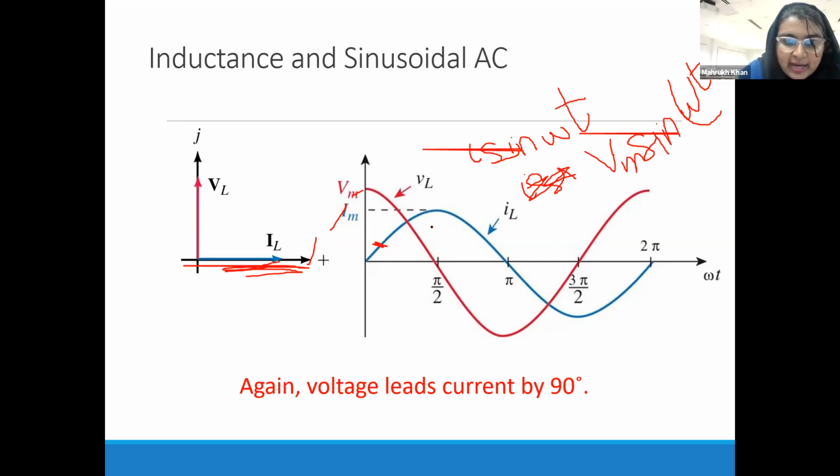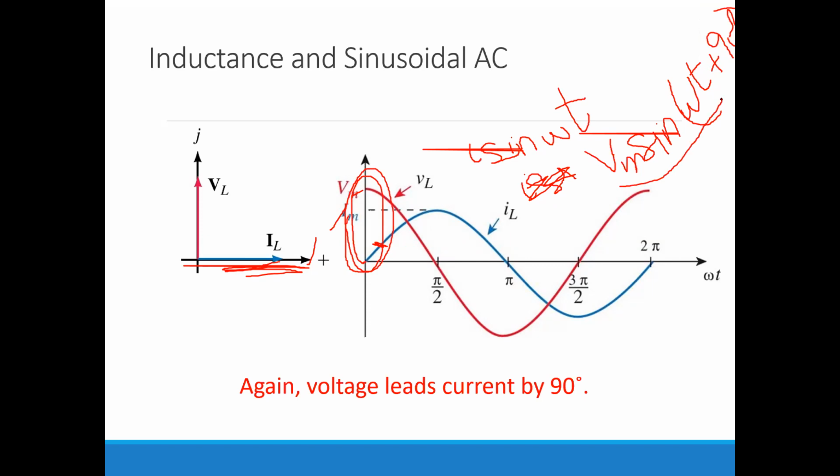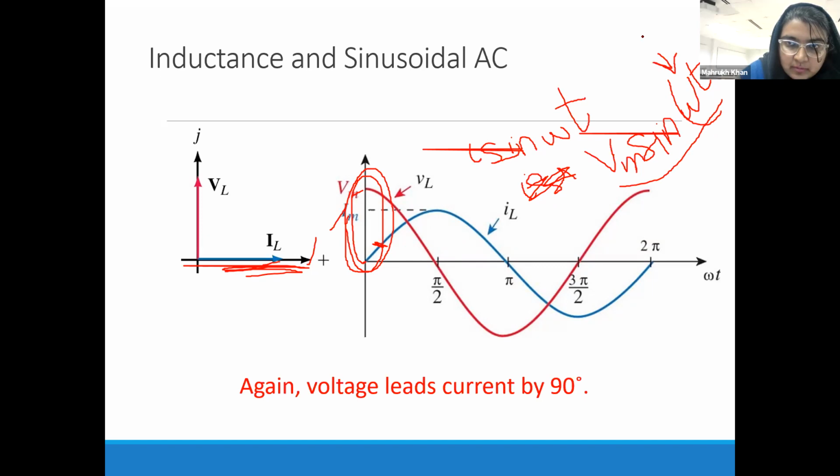So how can I check that it's giving me a positive value here or not? I can just plug values in here and check. Plug in 0, and that will be Vm sine 90. Vm sine 90 gives me Vm, right?